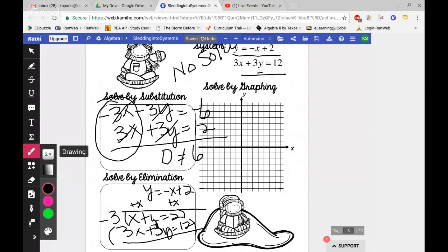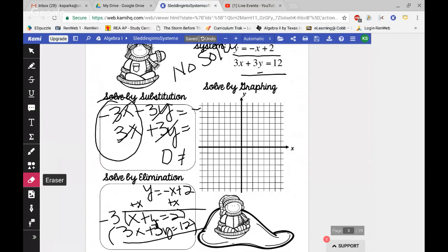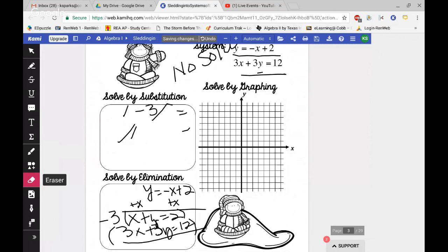Are you good with the graphing? I'm a little fuzzy on it, but okay. So let me graph these then. I feel like this one might have been off the charts. Okay, the first one's already in y equals mx plus b format, so you're going to look for your y-intercept.